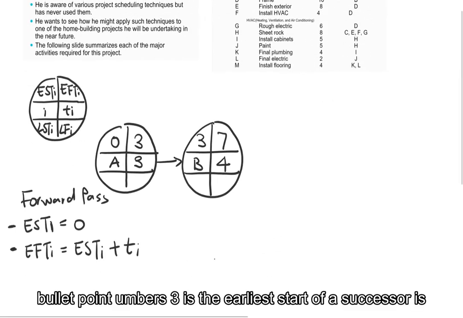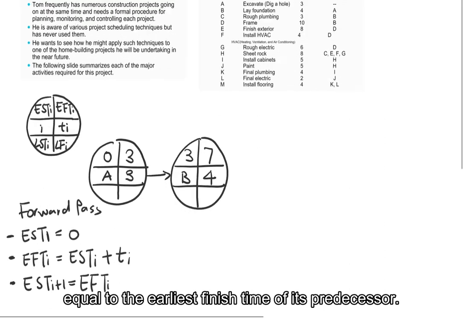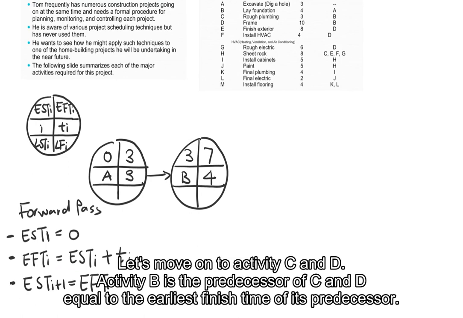And bullet point number 3 is earliest start time of its successor is equal to the earliest finish time of its predecessor. Okay, and then move on to C and D.